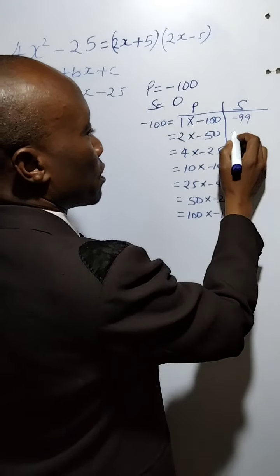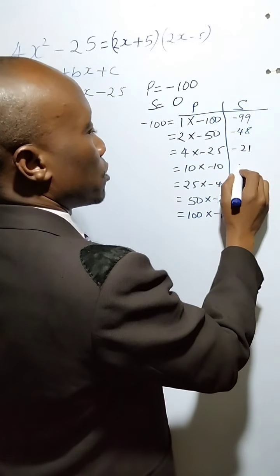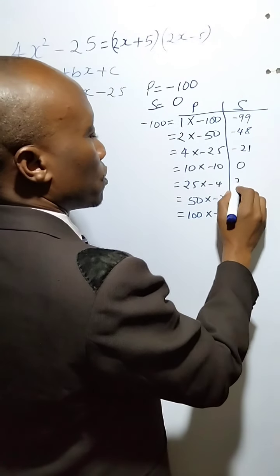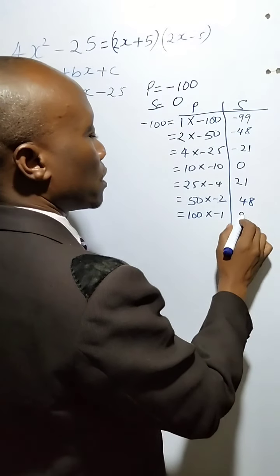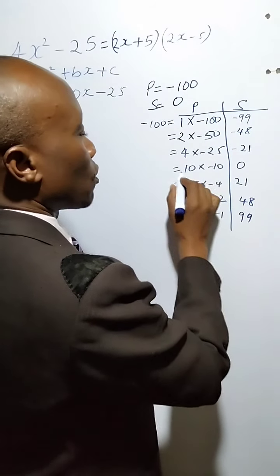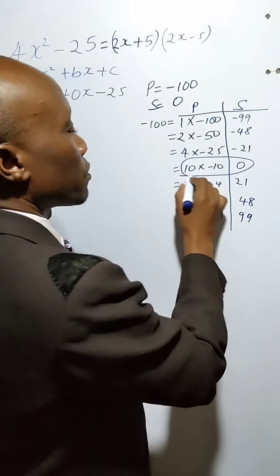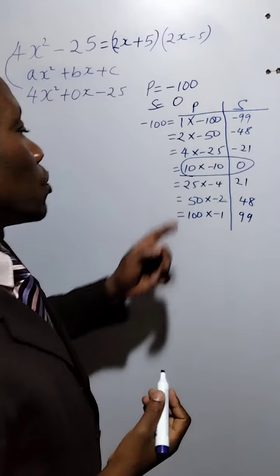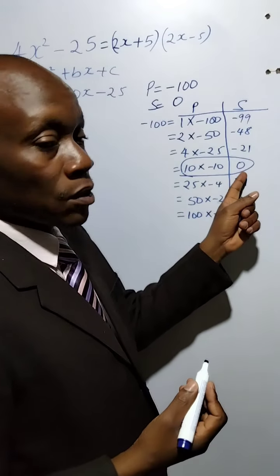This one will give you negative 48. This will give you negative 21. This will give you 0, then 21, 48. And when you add this and this, it gives you 99. So you will see that among all of these, it's only this pair, 10 and negative 10, which satisfies the two conditions: when you multiply them, you get negative 100, but when you add them, you get 0.